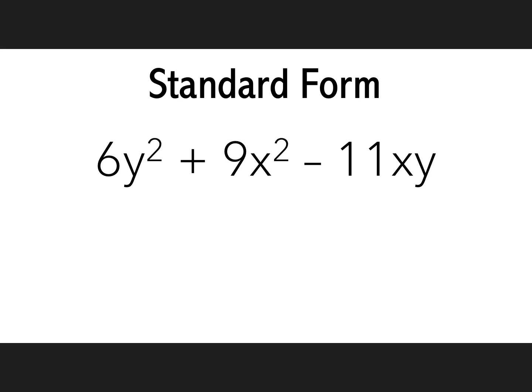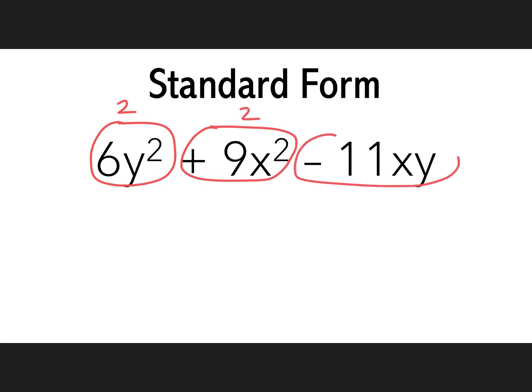Well, here's a fun one. This has a degree of 2. This one has a degree of 2. And this one has a degree of 2. So what do I do? Do I just keep them the way they are? Or is there some other secret rule that I don't know about yet? Well, it's not secret, but there is another rule. Whenever you have terms that have the exact same degree, you need to put the letters in alphabetical order.